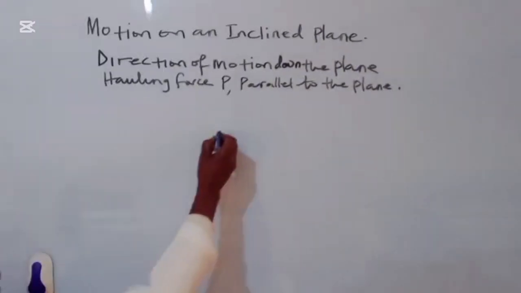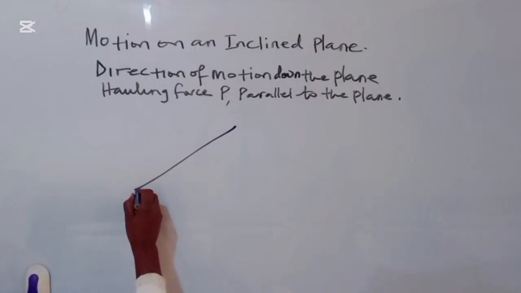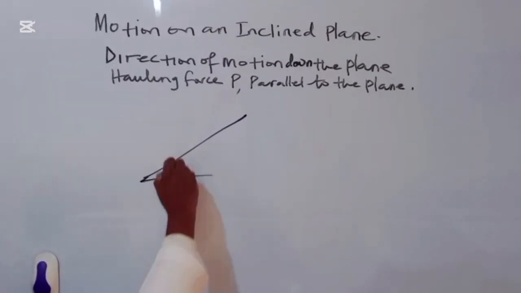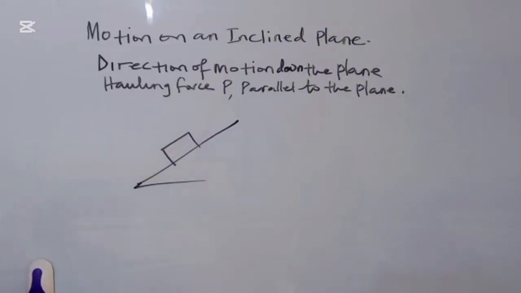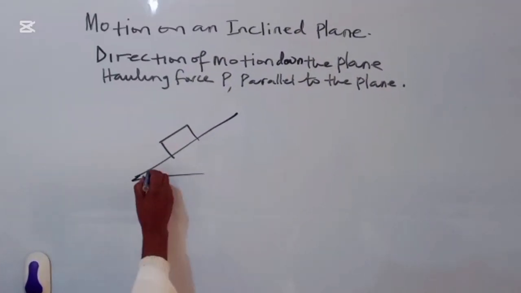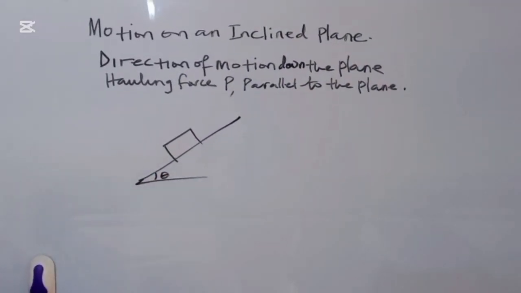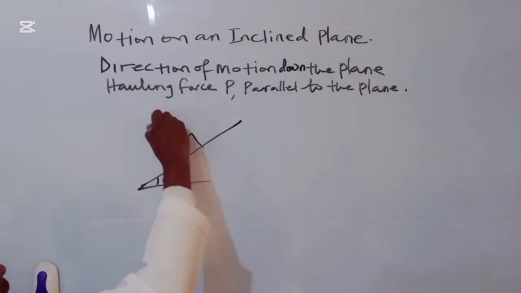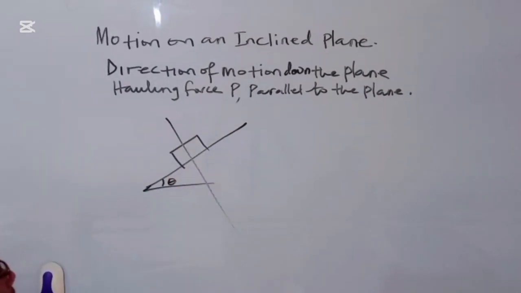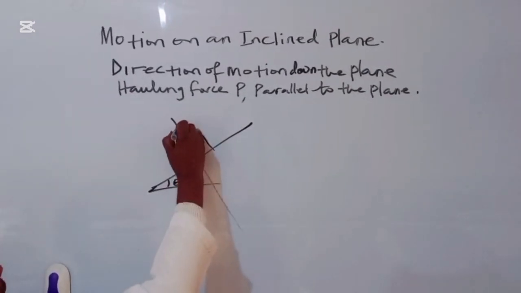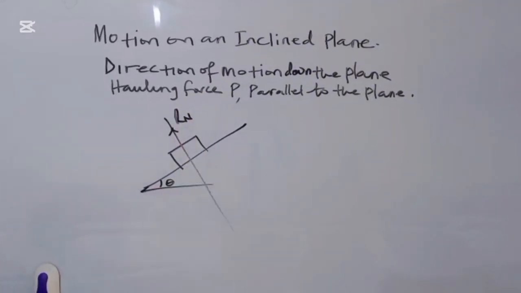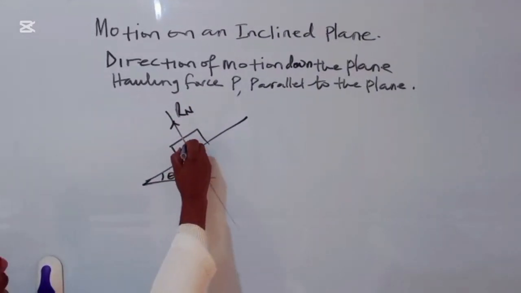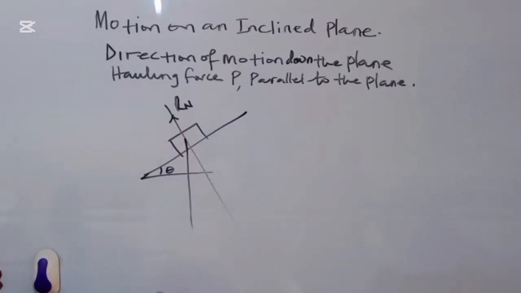Now if I draw the inclined plane this way, right? And I put the body here, okay? The angle of the plane, remember, is theta. Are we there? So the normal reaction will act this way, alright? And I put the normal reaction as Rn. The weight of this body will act downwards.